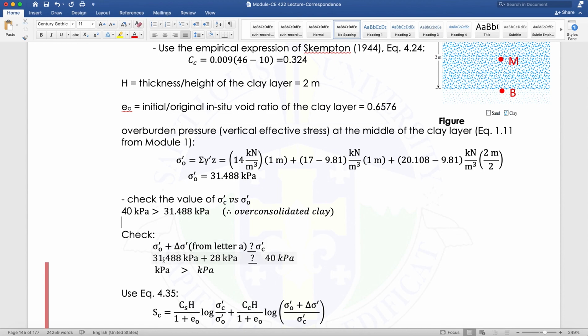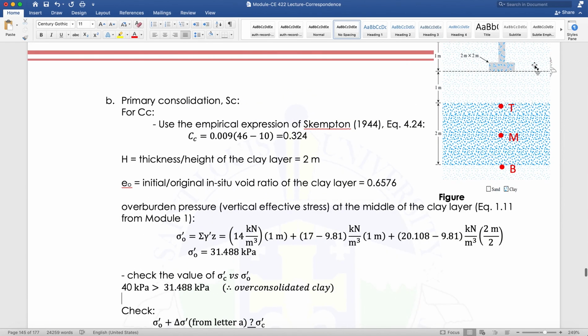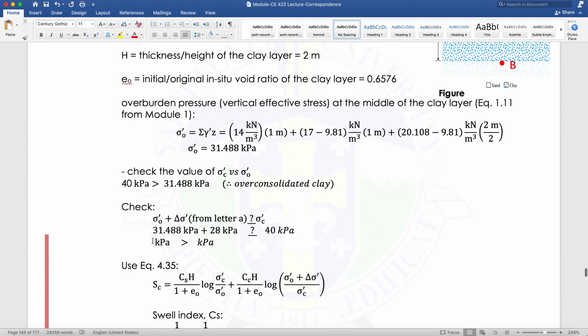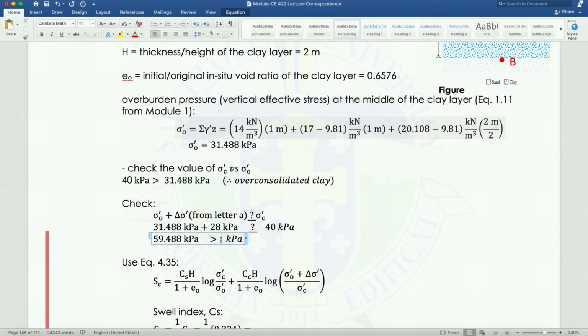So overburden pressure 31.488 plus our uniformly distributed load which is 28 kilopascals is equivalent to 59.488 kilopascals, which is greater than 40 kilopascals. Therefore, we are going to use the longer equation. And this will be our working equation for the primary consolidation.